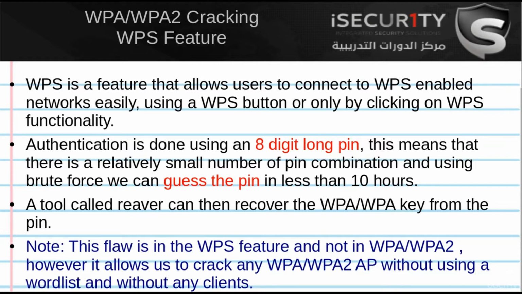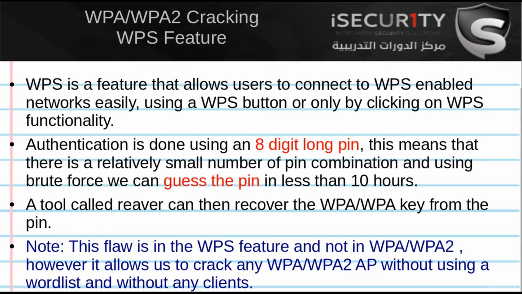Before we get into cracking WPA and WPA2, there is a feature called WPS. It allows users and clients to connect to the network by the push of a button. So on Windows 8, and if you look at some Wi-Fi printers, they have a WPS button.